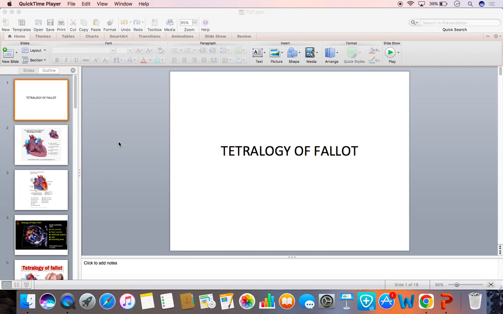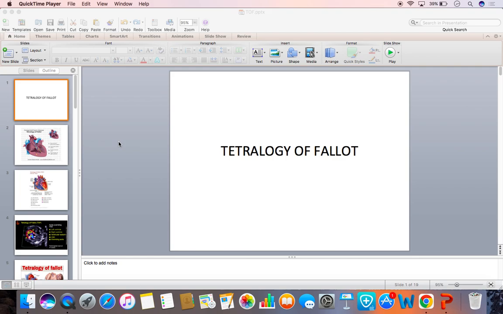The baby may also suffer from signs of hypoxic spell: sudden development of severe breathlessness, generalized cyanosis, losing sensorium, sometimes convulsions and paralysis are some of the features of hypoxic spell. This is also called tet spell.